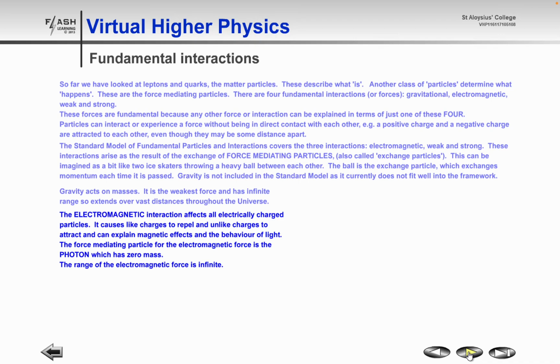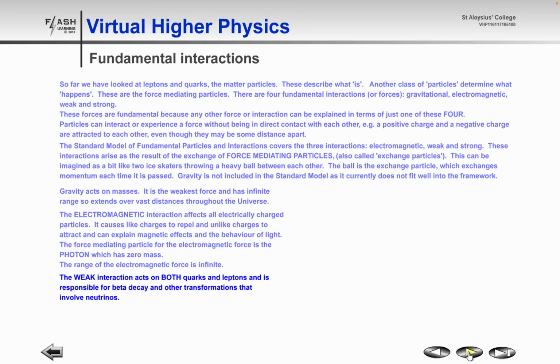The electromagnetic force also has an infinite range, but over larger ranges it doesn't tend to be significant, because when you look at things like planets, their overall charge is close to zero, and therefore you don't get significant forces over huge distances. The weak nuclear interaction can interact with both quarks and leptons, and is responsible for beta decay.